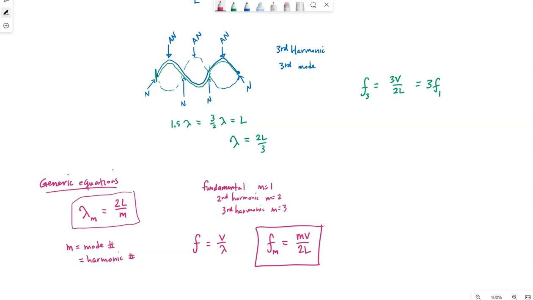So for the frequency of the mth harmonic, we just have to know which harmonic we're talking about, m. v is how fast the wave is traveling, and then L is how long the vibrating section of the string is. We can also say the frequency of the mth harmonic is that harmonic number or mode number times the fundamental. If we want the second harmonic, we have to shake the string twice as fast, up and down, in order to get the two antinodes.